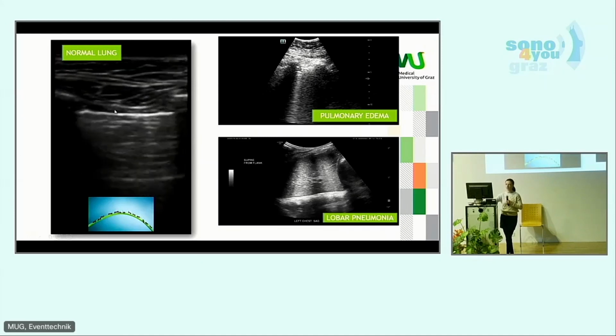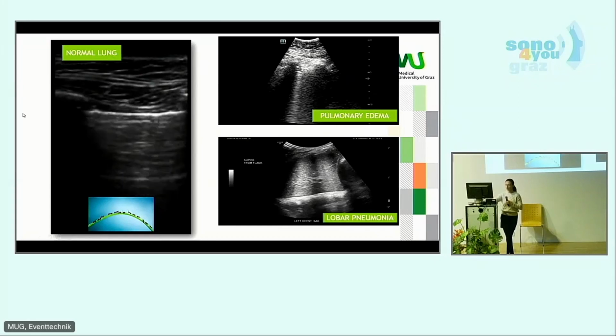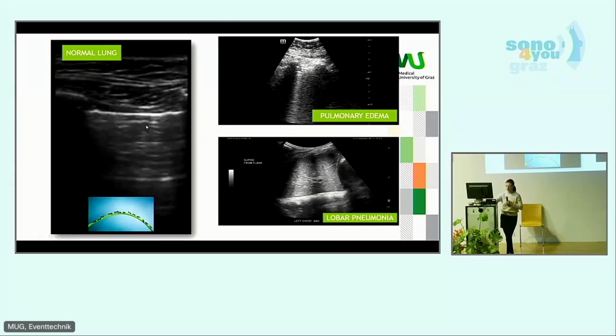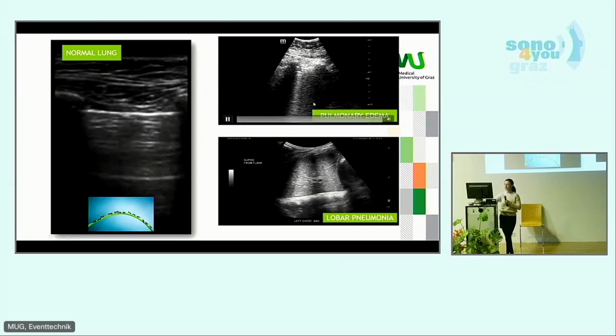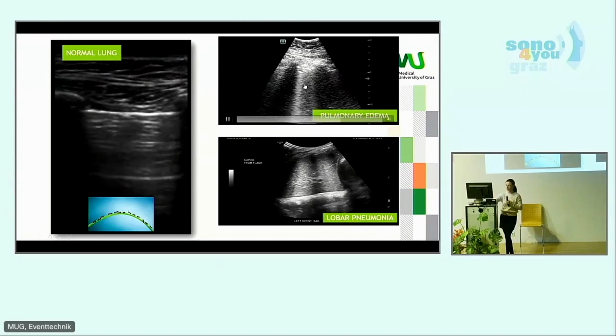So we have here the rib ends, and normally up to 2 B lines in the normal lung is normal to see. Okay, we have A lines, these reverberation artifacts that are going deeply into the lung. In pulmonary edema, on the other hand, we predominantly see the B lines, laser-like structures.